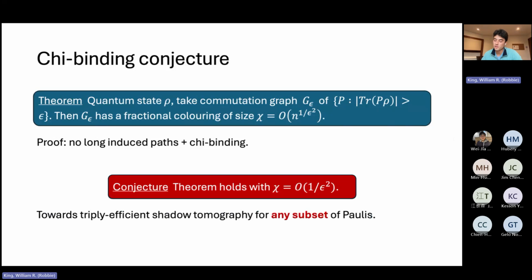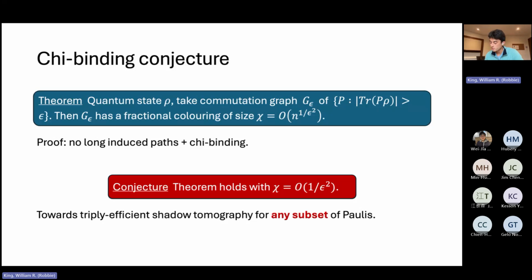So this would mean that once we throw away the Paulis that are small and only keep the large ones, then the coloring number goes from 2 to the n down to independent of n. It goes to 1 over epsilon squared. And in fact, I don't know of an example where this is not true. And numerically, this seems to hold.